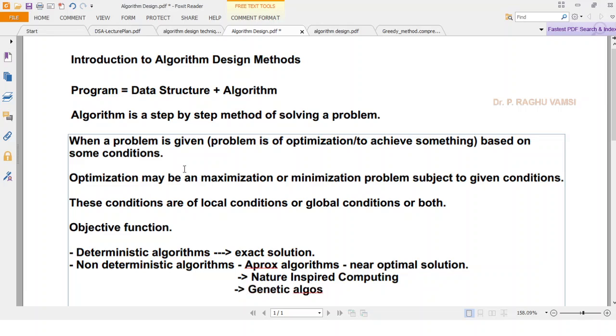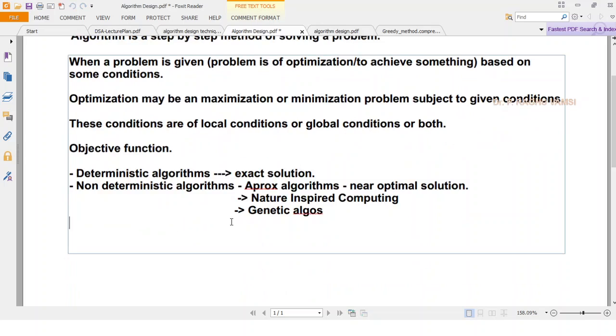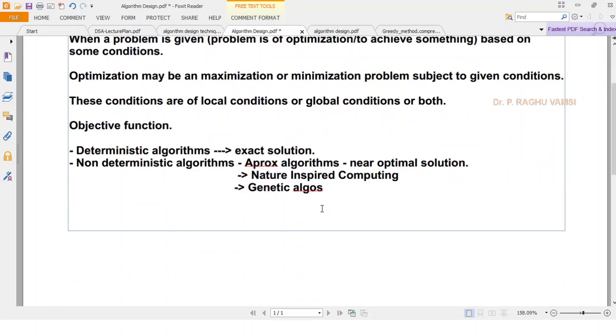These are the various algorithms used for solving non-deterministic problems.